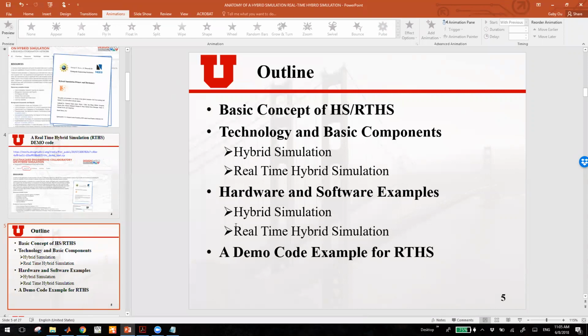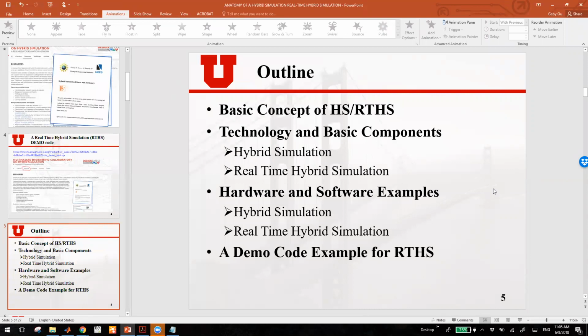I will start the outline, and as I mentioned before, this is introductory to the basic concepts of hybrid simulation and real-time hybrid simulation. I will follow the format we used in the primer, which we developed in 2014, talking about the basic concepts and basic components used in hybrid simulation and real-time hybrid simulation.